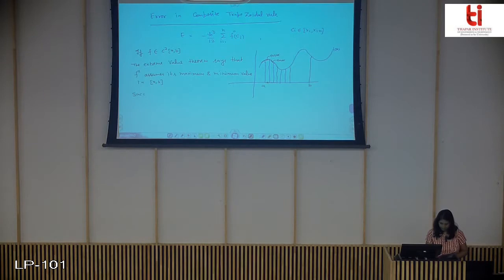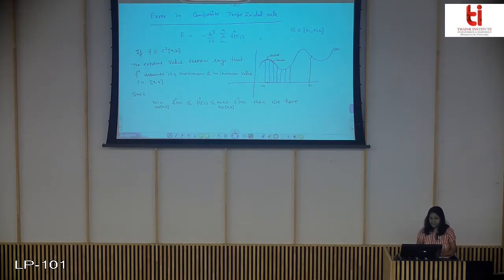So the minimum of f double dash x, x belonging to [a,b], is less than or equal to f double dash ci, which is less than or equal to the maximum of f double dash x for x belonging to a to b. Can we write it or not? Let us check. The function inside this interval a to b has a minimum value and also a maximum value by the extreme value theorem.